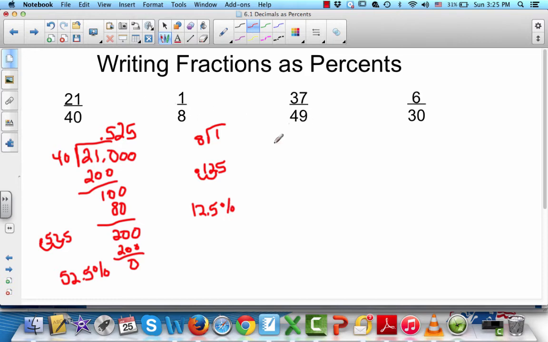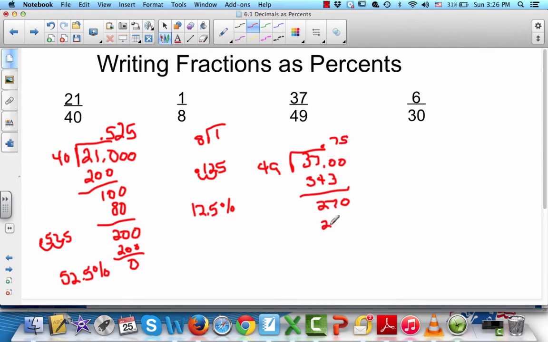All right, 37 over 49. I'm going to have to do this one. 37 divided by 49. So we go 49 into 370. That goes 7 times. So we go 7. That's 343, with 27 left over, bring down a 0. 49 goes into 270 5 times.